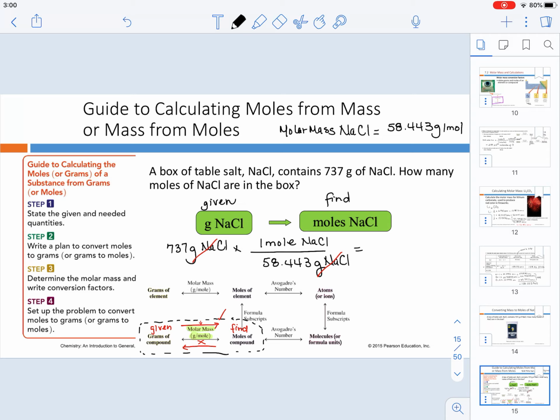And when I take 737 and divide it by 58.443, then we have to round that final answer to 3 sig figs, which is what is given. Then I find that the number of moles in that many grams, or in this box of salt specifically, is going to be 12.6 moles of NaCl.